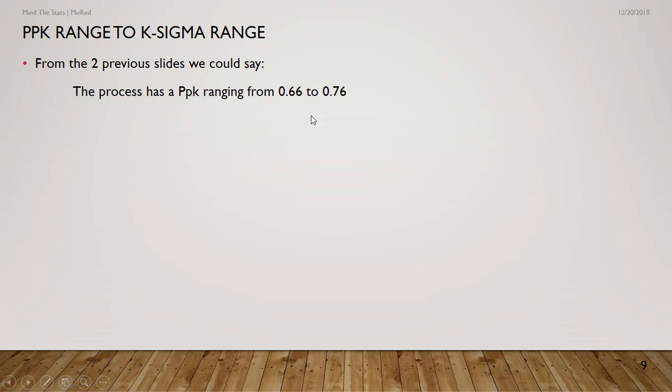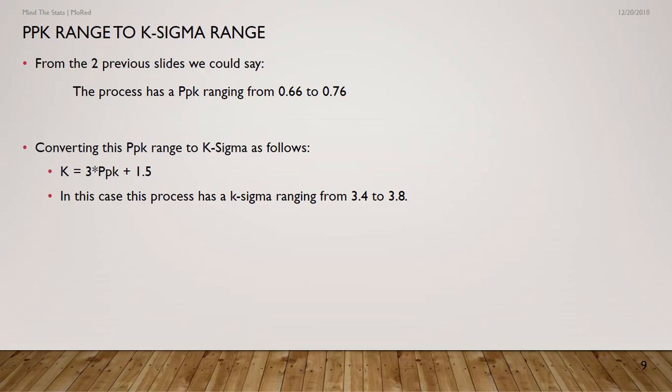And essentially that gives you a range of 2 PPKs, 0.66 to 0.76. If you apply the formula that's on this slide here, K for K sigma is equal to 3 times PPK plus 1.5. We'll revisit this when I talk about Six Sigma methodology in a future session. But essentially, if you apply this formula here, 3 PPK plus 1.5, you end up with a K sigma that ranges between 3.4 and 3.8.